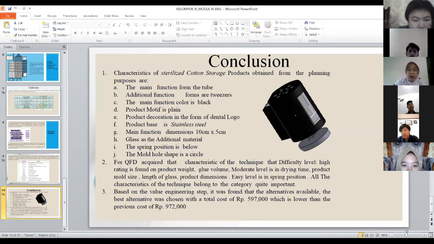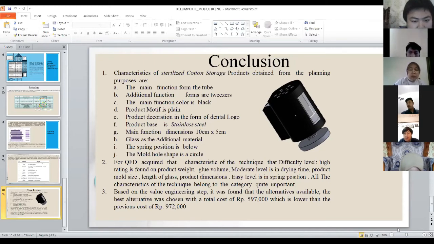That's right, cotton storage. So actually, we can say the user is the dentist. Yes, the user is the dentist. So, who are the participants in this research that you collect the data from? Is it the dentist or the customer?